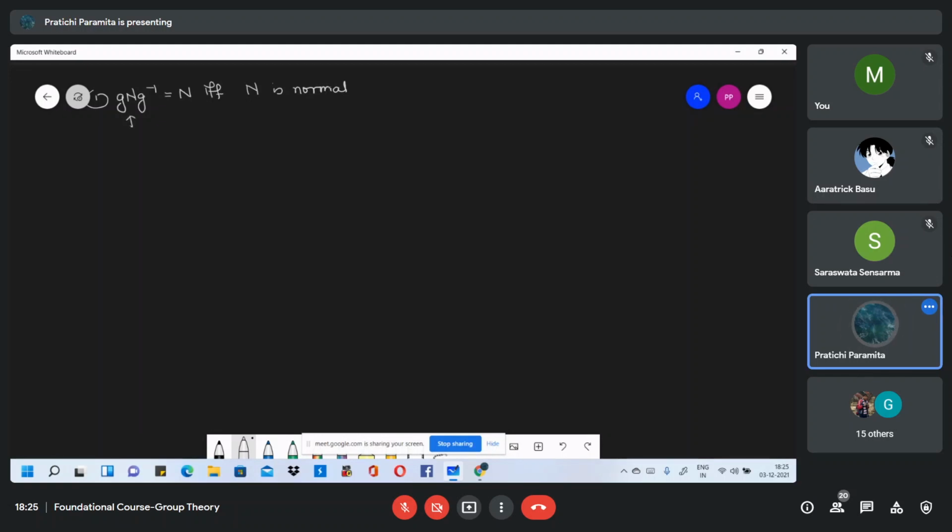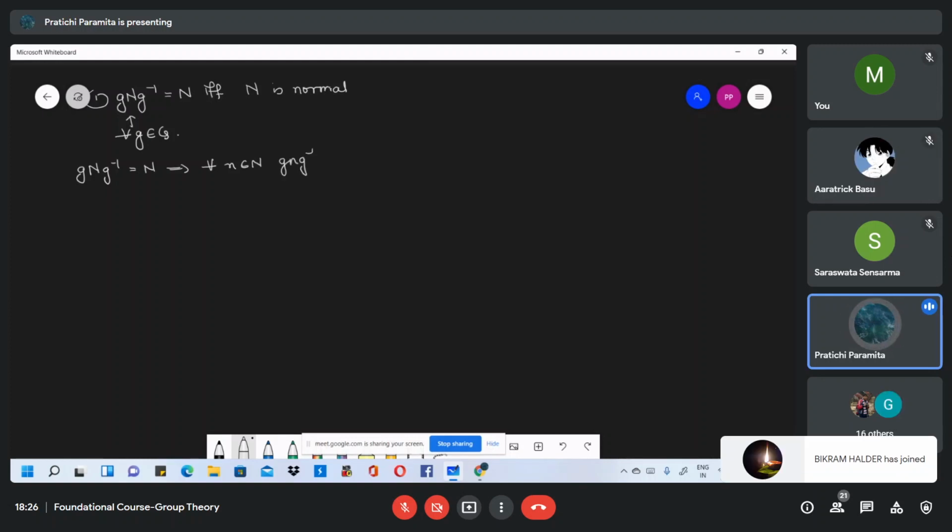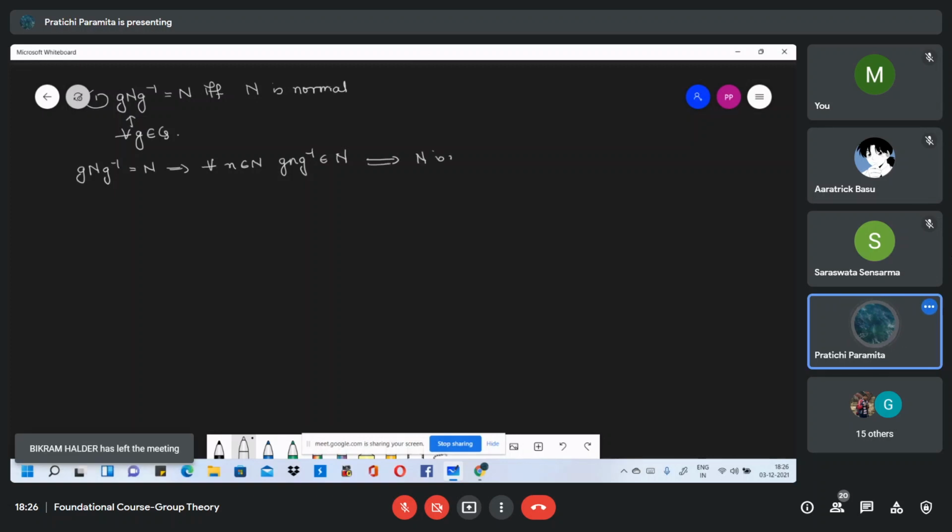This is for all g in G. So gNg inverse is N implies that for all n in N, gng inverse lies in N. And this is nothing but the definition of a normal group. Right? So one side is simple to see. This would imply that N is normal.